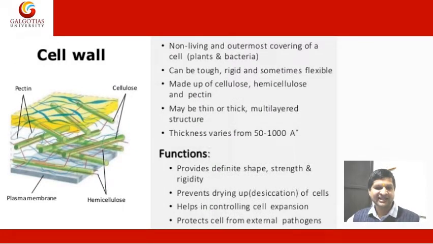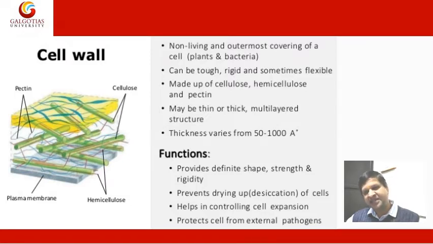Cell wall. In the cell wall, there is an image here. You will see pectins, cellulose, hemicellulose, and the plasma membrane. The cell wall is a non-living and outermost covering of a cell, present in plants and bacteria. It can be tough, rigid, and sometimes flexible, made up of cellulose, hemicellulose, and pectins.